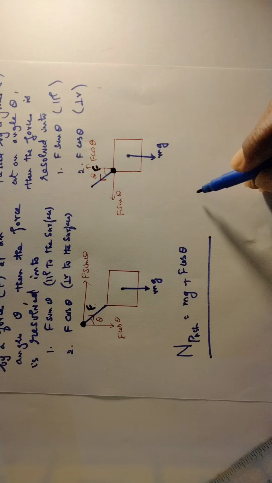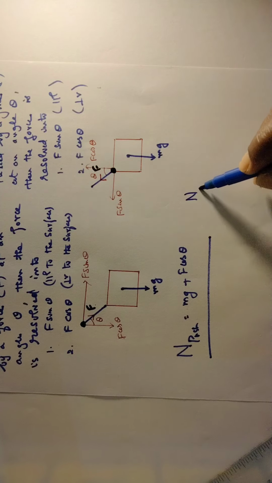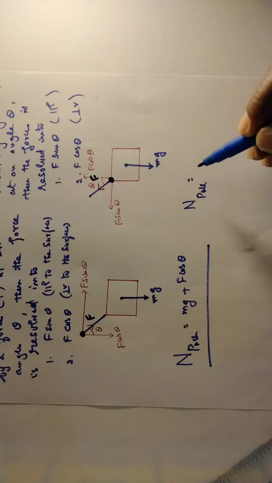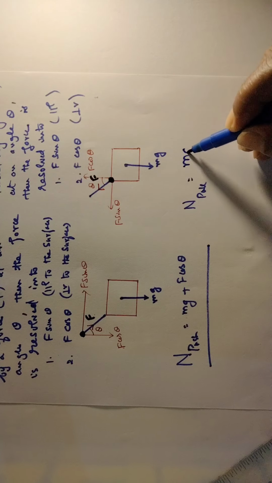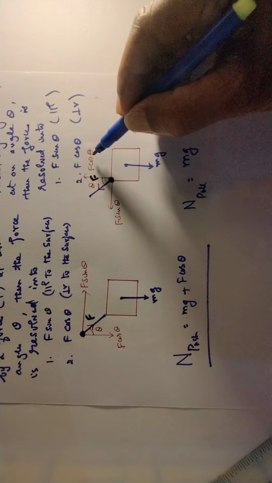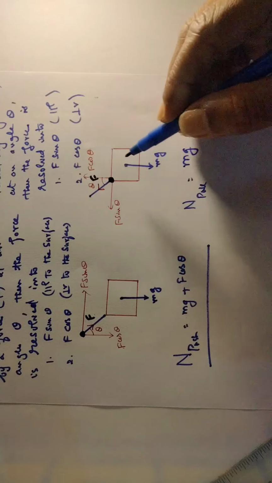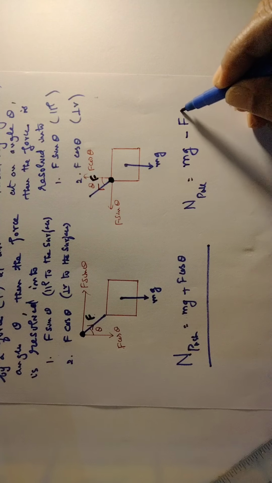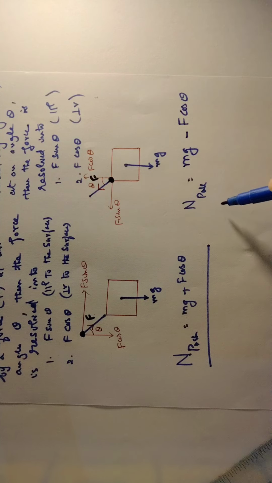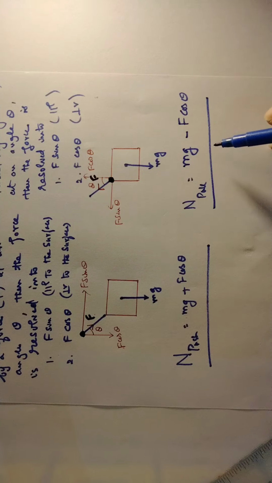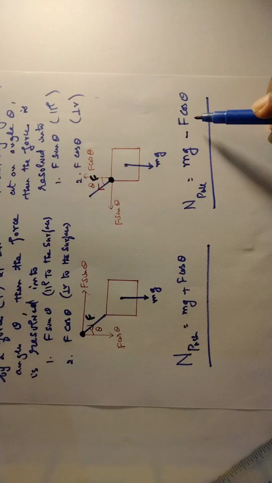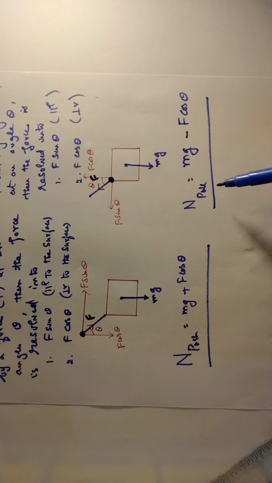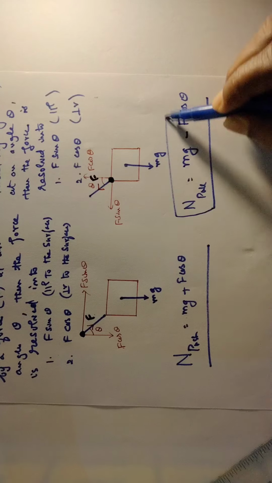Now again here, N pull is equal to mg. F cos theta is acting up, that is perpendicular to the surface. So from mg, subtract F cos theta. So F cos theta is subtracted from the weight. So N pull becomes less.